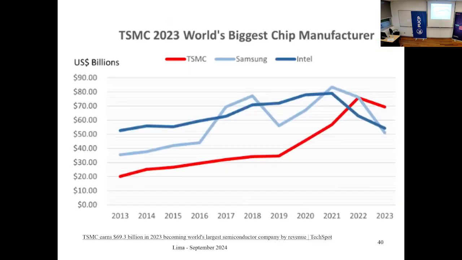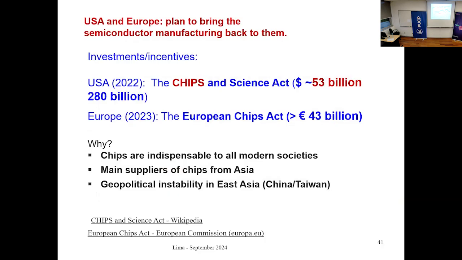This shows how TSMC is the leader of the semiconductor market. And in order to incentivize and invest in local and foreign companies, the USA and Europe created two acts, as they call them. The American act is the Chips and Science Act.